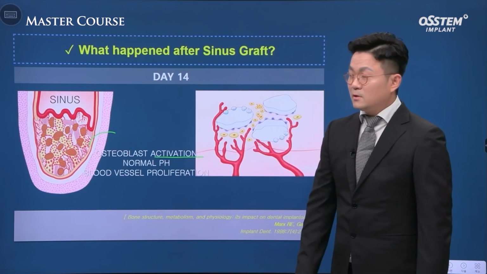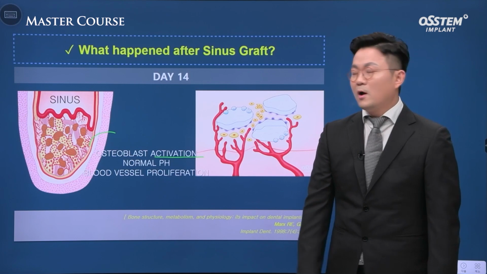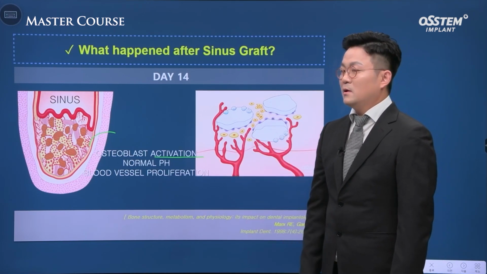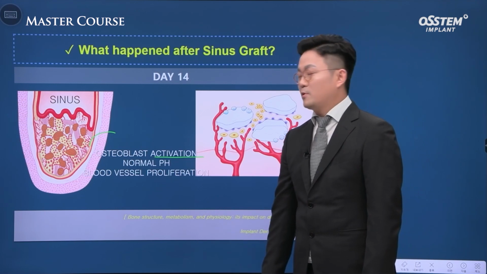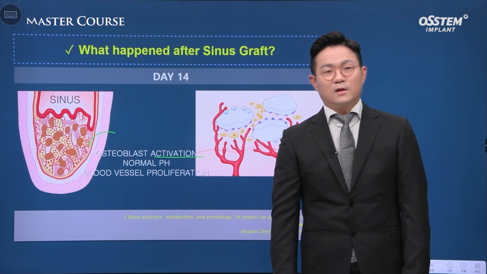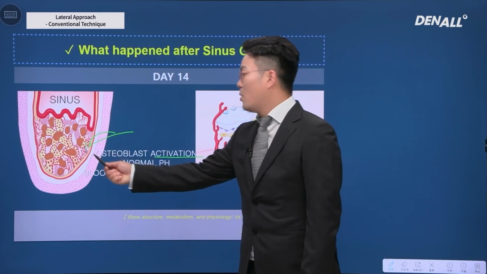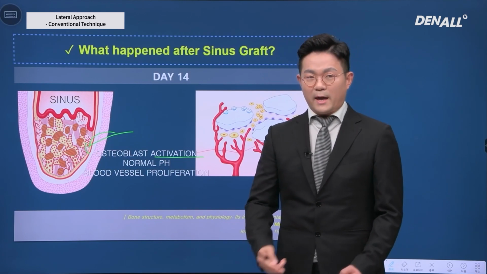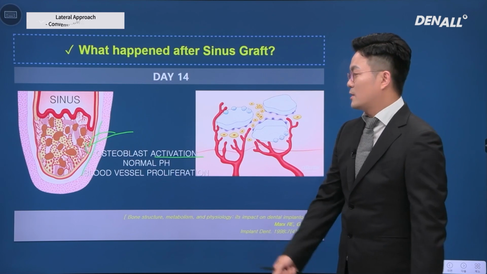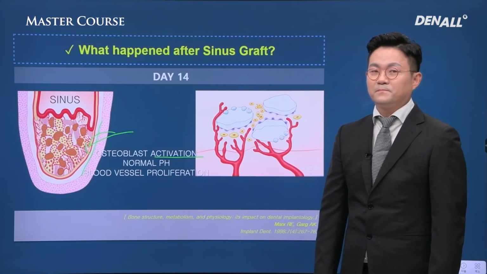This means up to 2 weeks after operation, the sinus area is acidic and there's not much blood supply inside, so it's very vulnerable to infection. So for more than a week, antibiotics and other measures need to be used to protect this area. Suturing needs to be thoroughly done, and the surgery should be atraumatic. There are different things like this to be considered.